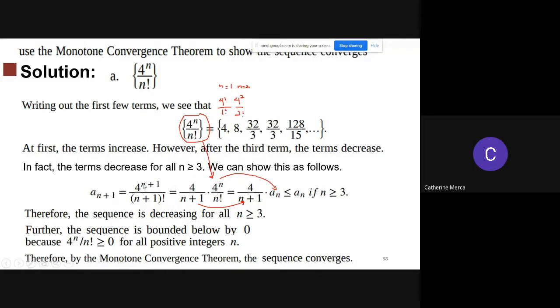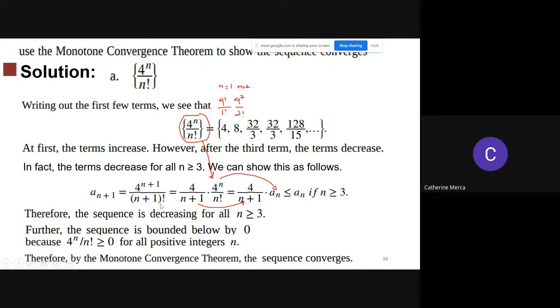That is, 4 to the n plus 1 over n plus 1 factorial, which is your a sub n plus 1, is equal to 4 over n plus 1 times... Your 4 to the n plus 1 can be rewritten as 4 times 4 to the n. Correct? The same base, with exponent n plus 1.